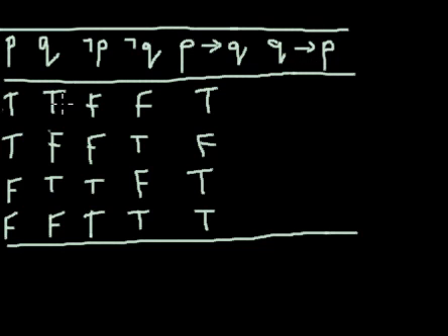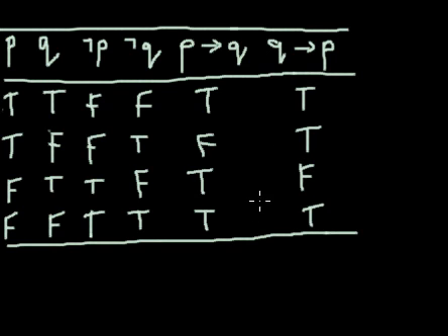Now let's see Q implies P. True and true is true, Q is false and P is true is also true. Q is true and P is false is the only case when it is false, and the last one is true. So we see that these two are not equivalent.